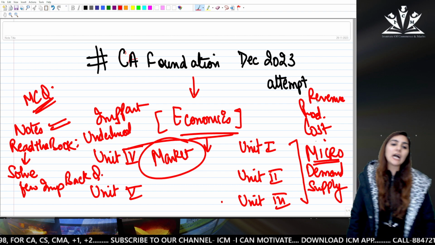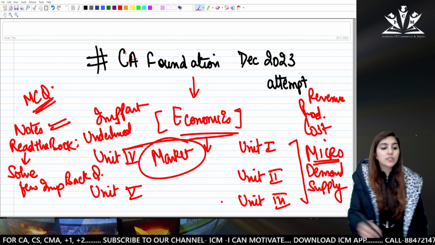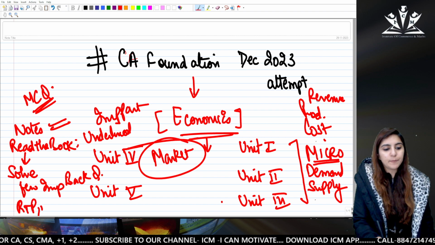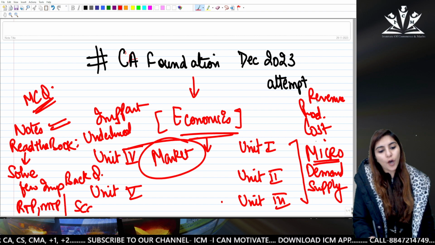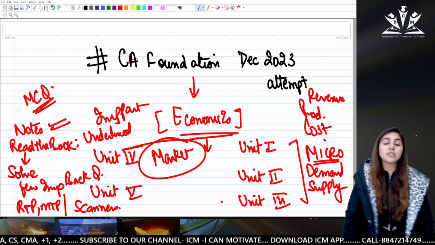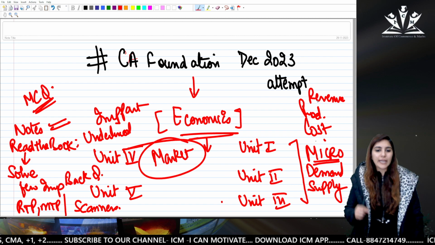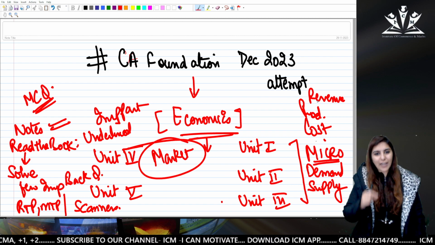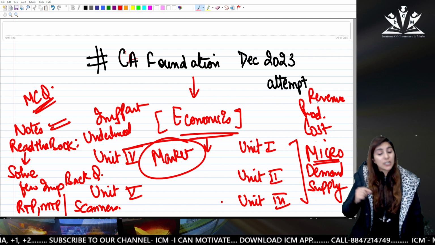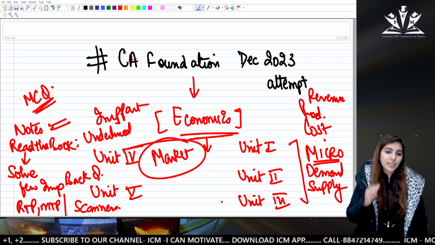And when the entire syllabus is done, you can solve one of the RTPs or MTPs, or you can go through the scanners to have a look at a few of the questions, right? This way can help you to crack your CA Foundation economics.